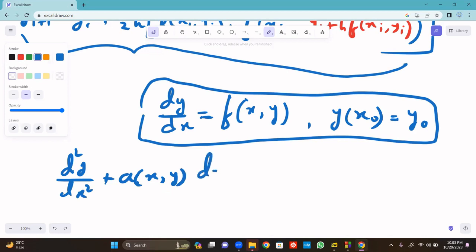So dy by dx plus some b of x, y. Analytically, it's a huge problem if the coefficient contains y, but numerically there is no problem at all.